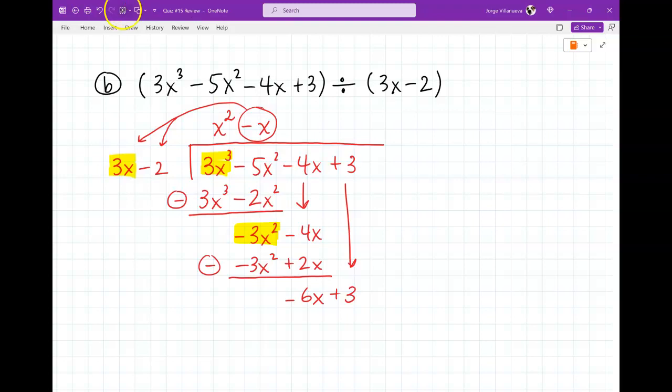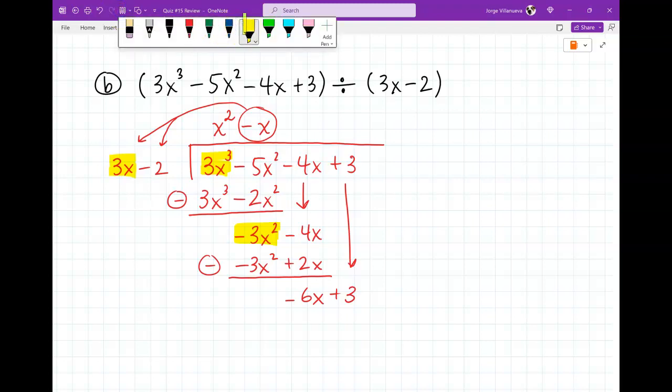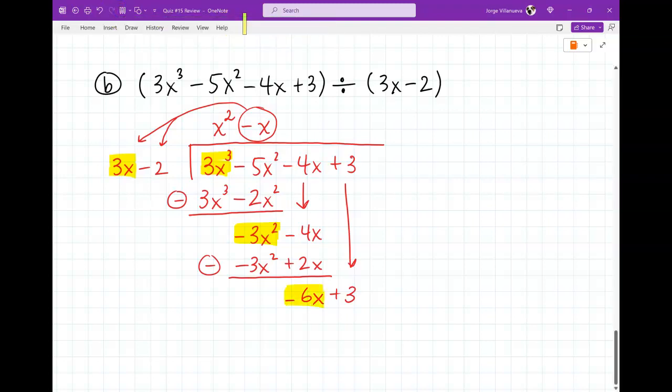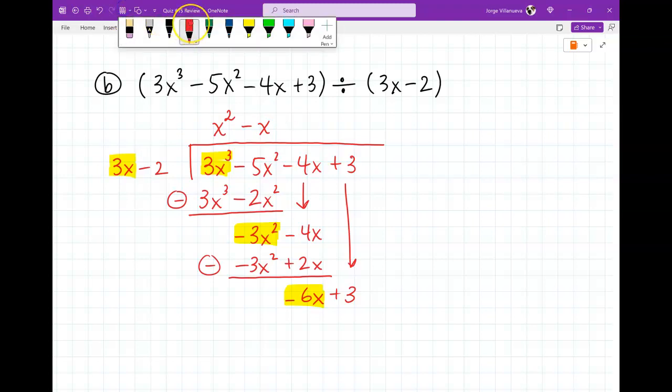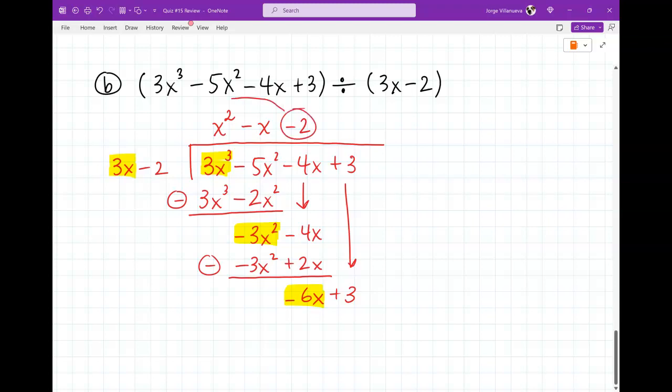And now I get to focus on the firsts again. First terms. How do I make 3x into negative 6x? Negative 2, right? So let me put minus 2. And remember, only this gets multiplied. Okay, only that. So 3x times negative 2, that's negative 6x.